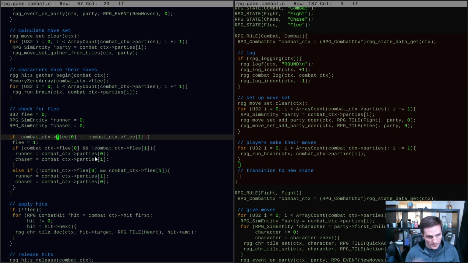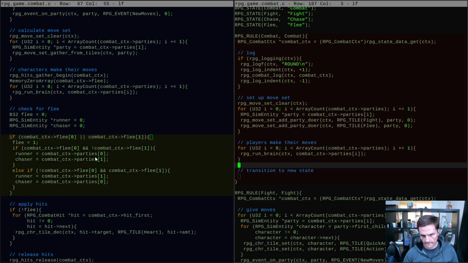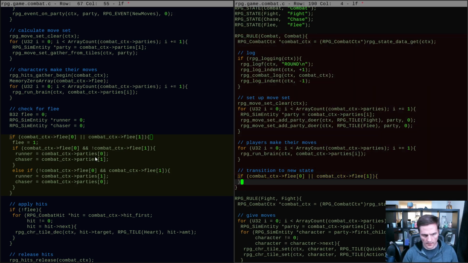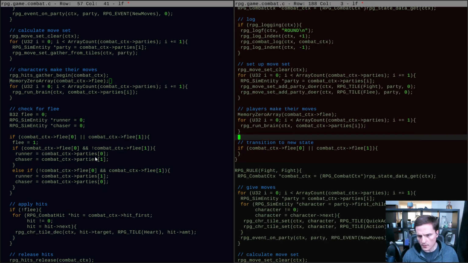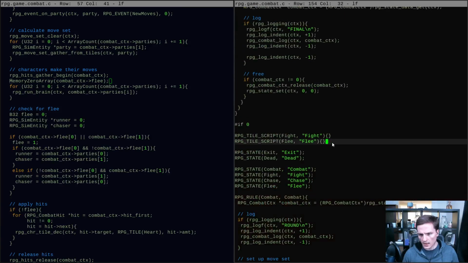Right, so then we want to be able to see which state we're in, which is going to be like this. So we need the players make their moves, and their moves involve setting flee.